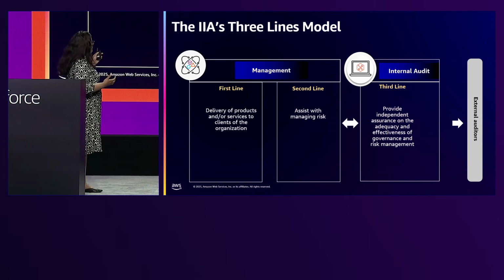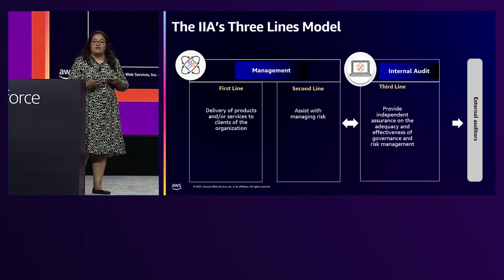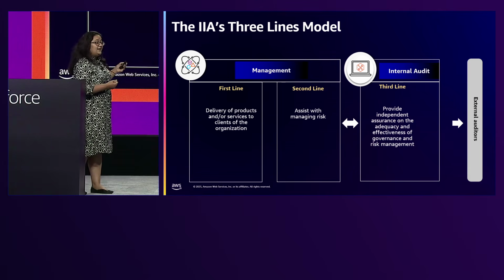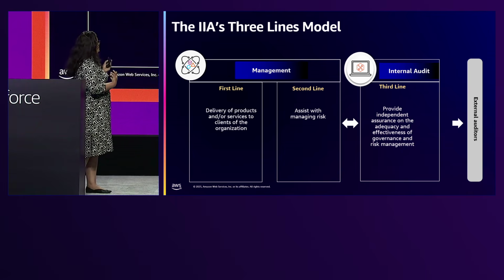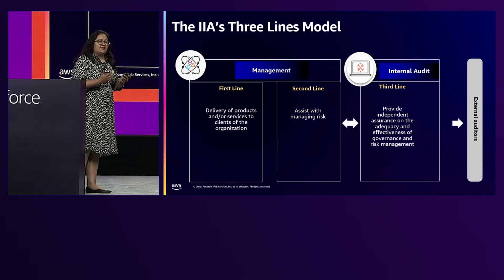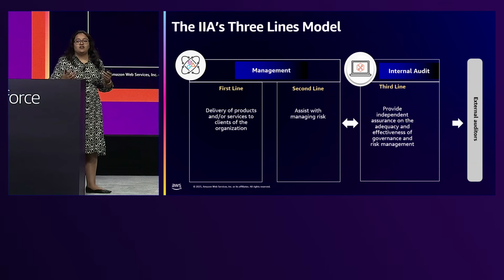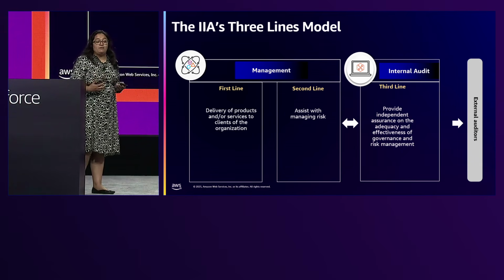Now, in this three-lines model, in addition to building the services, this line of defense is also responsible for making sure that these services are in compliance with frameworks, regulations, and security regulations. And what helps them is the second line of defense, where security engineers like myself come in, and they work with the first line, with the developers and the SDMs and the engineering managers like Greg, to help define the guardrails, the security best practices that should be woven into the development process at the time when they begin the process.